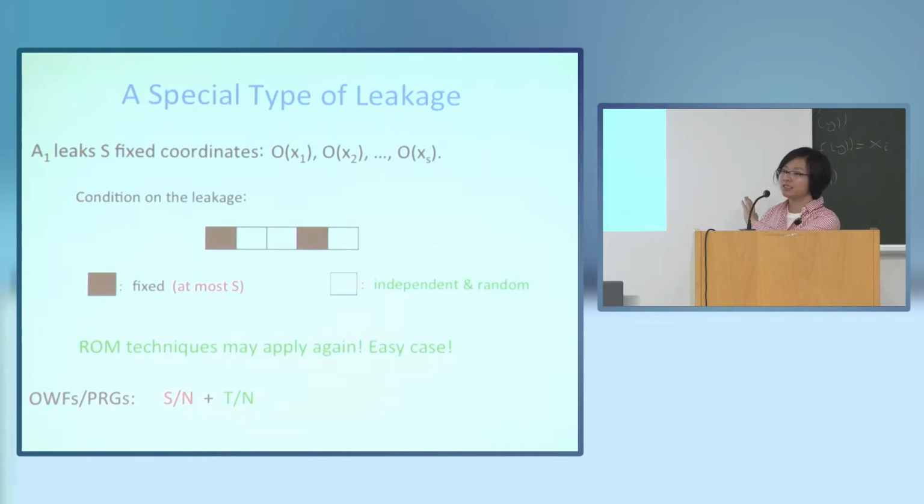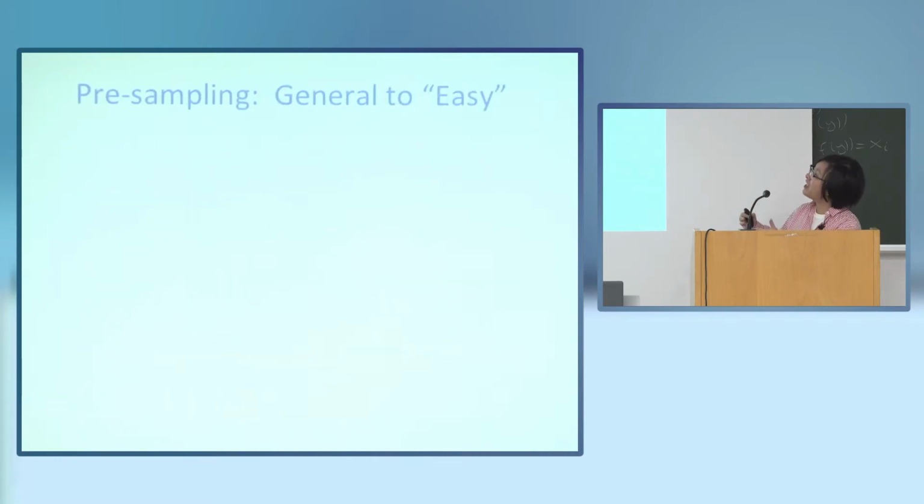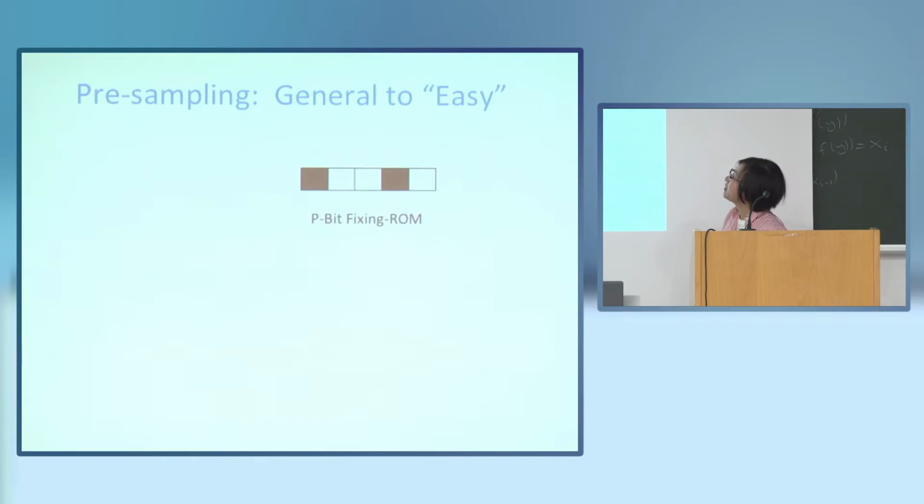Does this make sense? Okay, so now we come to the tool. Essentially, pre-sampling says you can reduce the general leakage to this variant of the very easy case. What do I mean? We consider an intermediate oracle called the P-bit-fixing random oracle. The P locations are fixed by the adversary in the pre-compute stage, and all other locations are resampled uniformly at random.